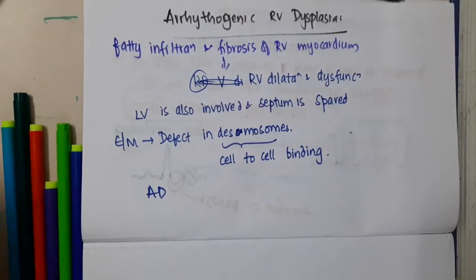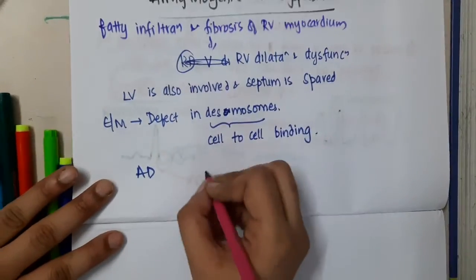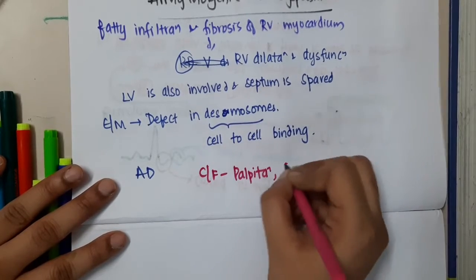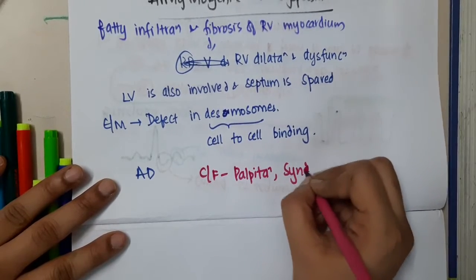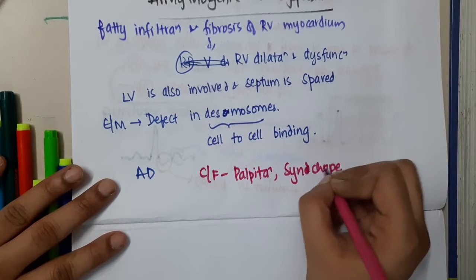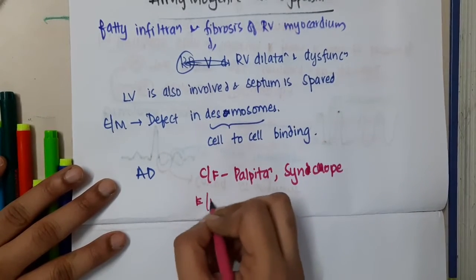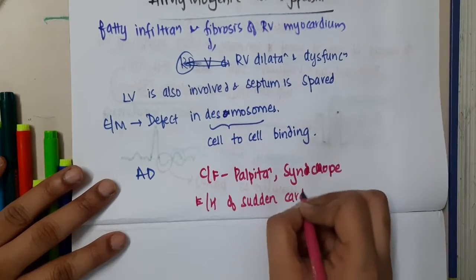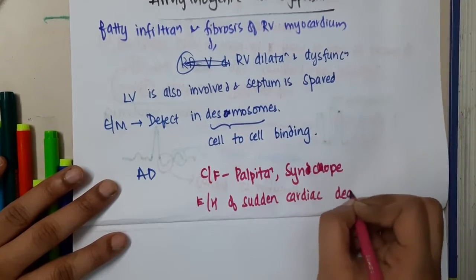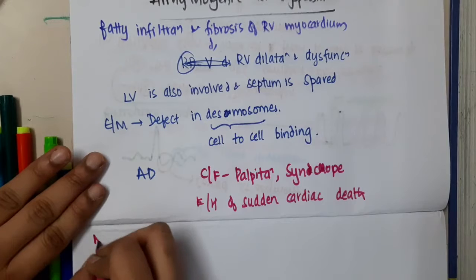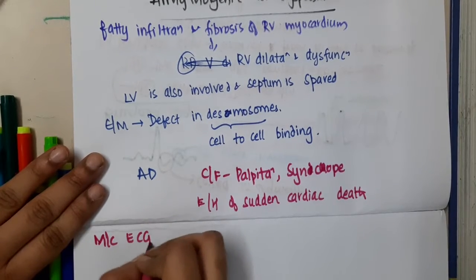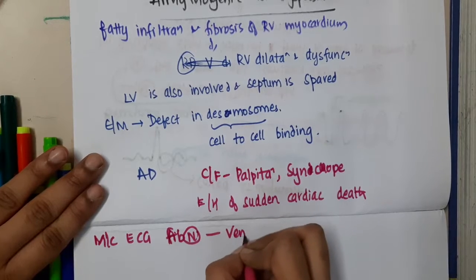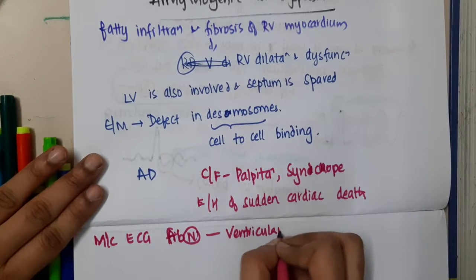In the clinical features, you will see palpitations and syncope, and there will be a family history of sudden cardiac death. The most common ECG abnormality is ventricular ectopics.